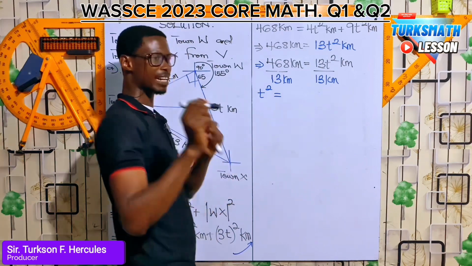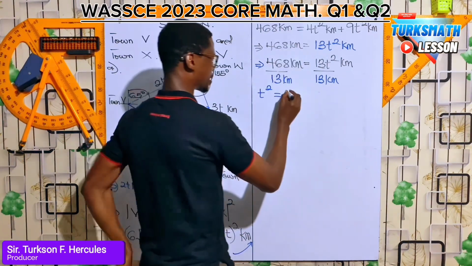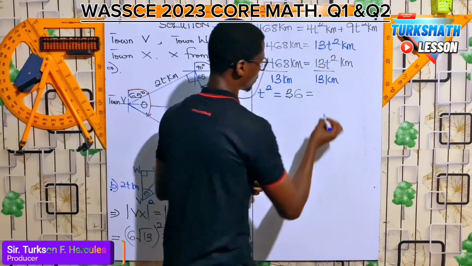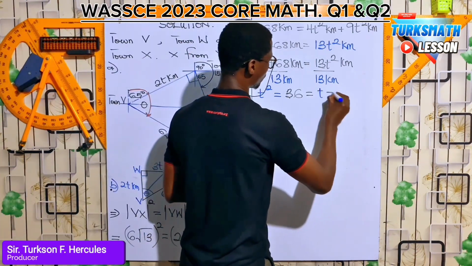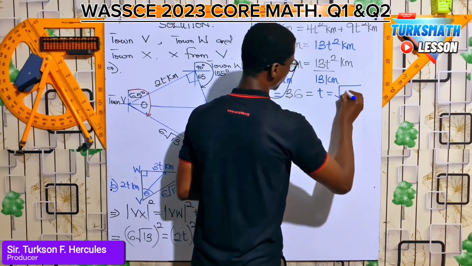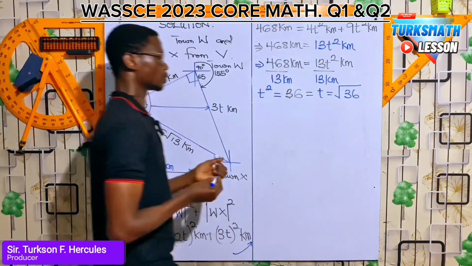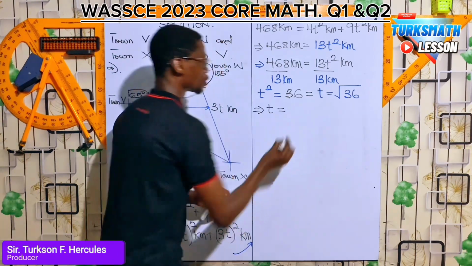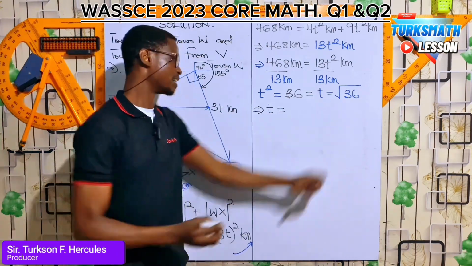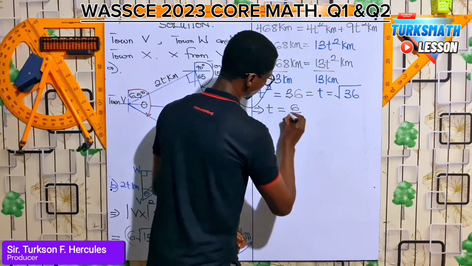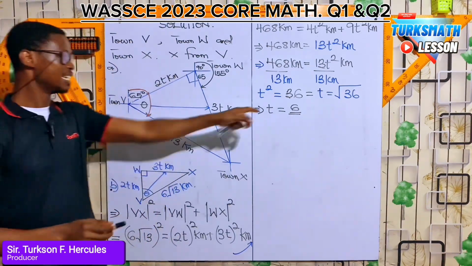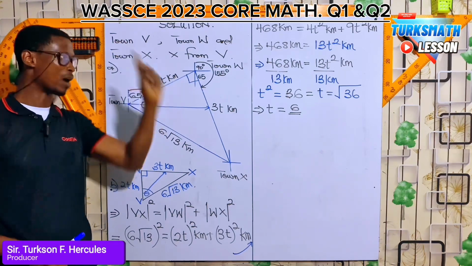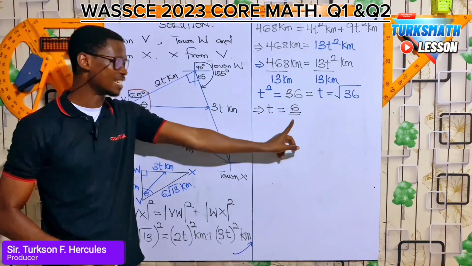You can try that on your calculator. Okay, 36. So the square root of 36 will give us 6. So the value of t is what? 6. So with our b, Roman number 1, the value of t here is 6.